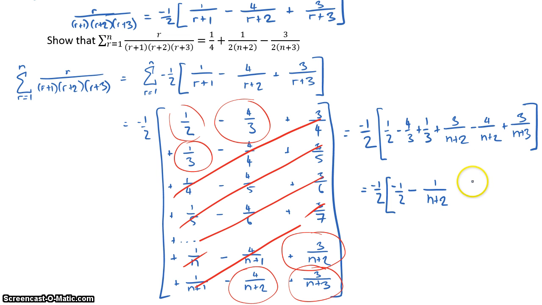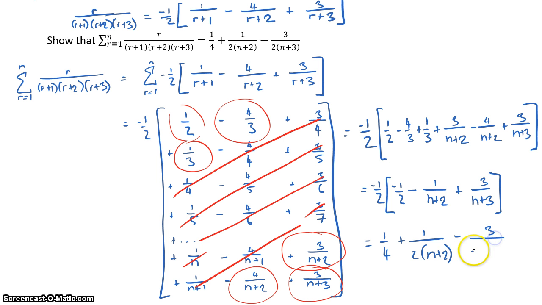And then plus 3 over n plus 3. And then expanding out the bracket, I get 1/4 plus 1 over 2n plus 2 minus 3 over 2n plus 3. And that is what I wanted to show.